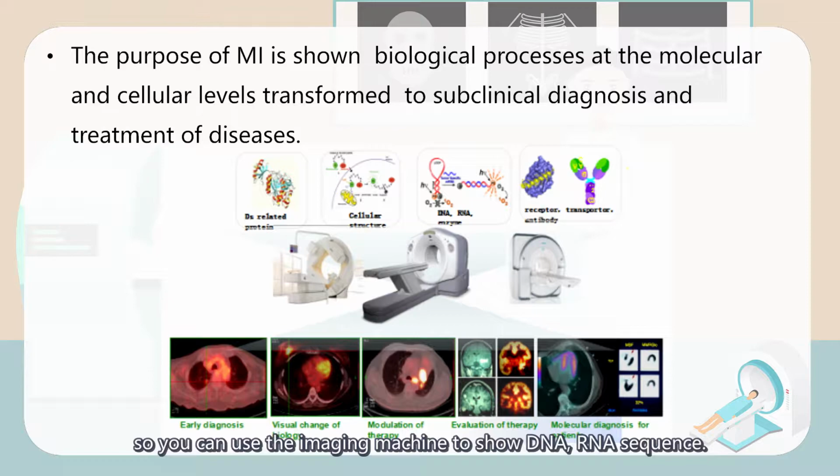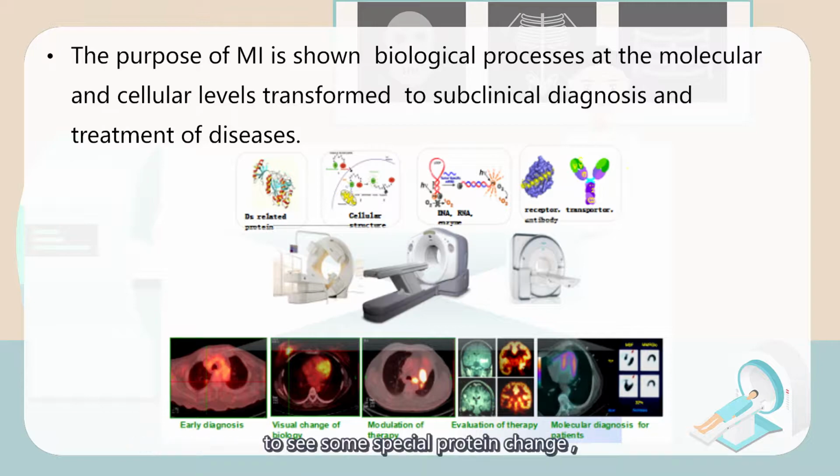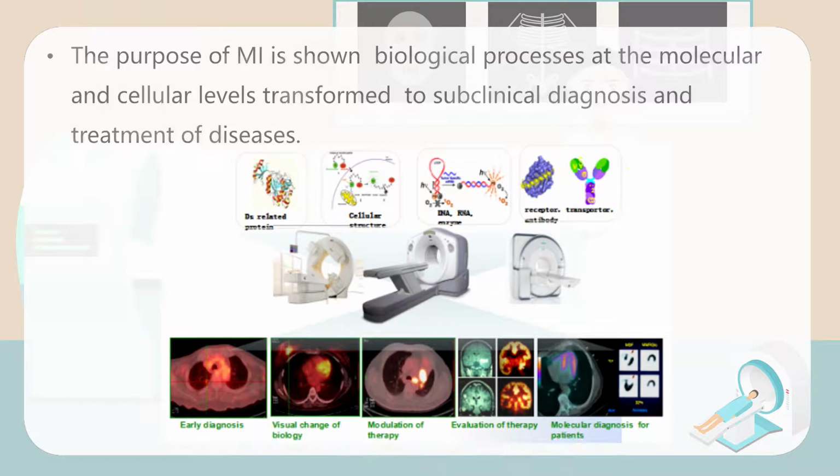So you can use the imaging machine to show the DNA, RNA sequence, to see the special protein, to see the receptors or other disease-related protein. Molecular imaging combines microbiology, biochemistry, data processing, and nanotechnology with image processing and other technology.